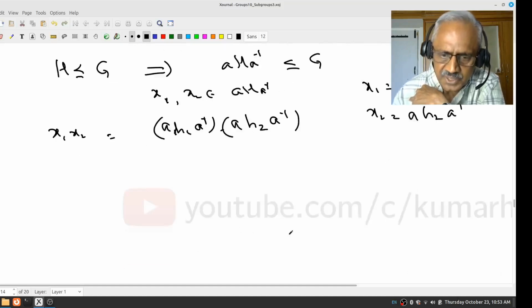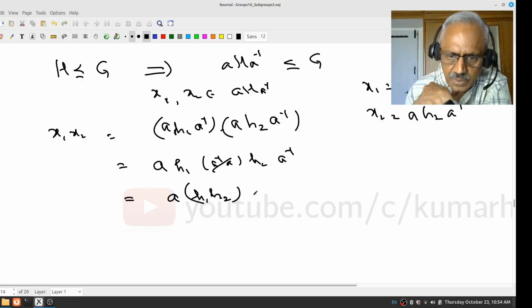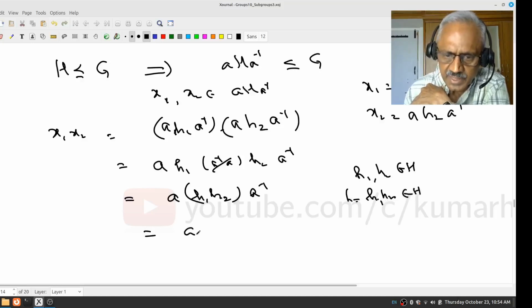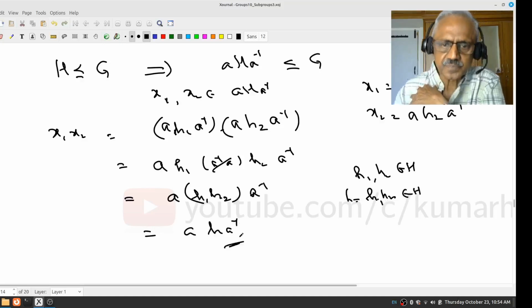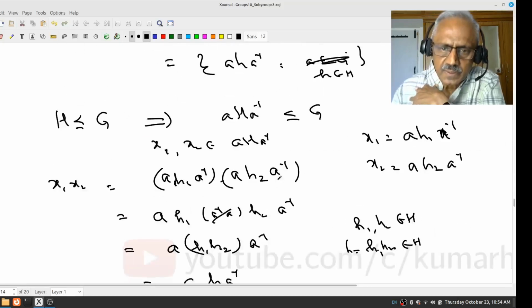Now use associativity. Therefore, the product is a h1 a inverse a h2 a inverse. But a inverse a is identity. Therefore, a h1 h2 a inverse. But h1 h2 are in H, that's a subgroup. Therefore, h1 h2 is an element of H. Therefore, it's again of the form a h a inverse. Given any two elements x1, x2 in aHa inverse, their product is also in aHa inverse.